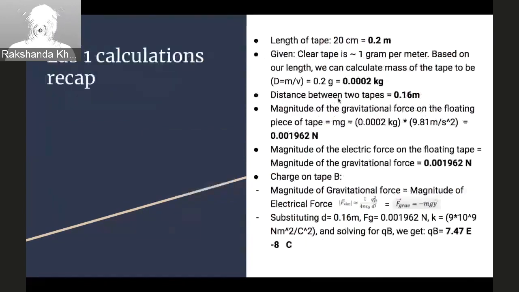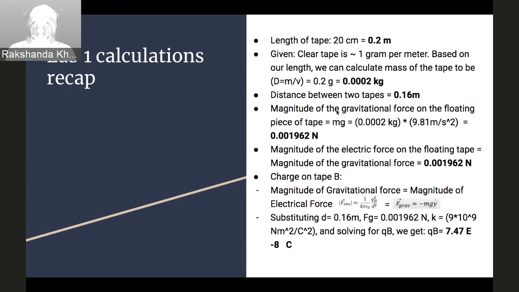So, a quick recap of the calculations I did in Lab 1. I'll go over this a little bit more quickly since I talked about it in more detail in Lab 1. I mentioned before the length of our tape, and then we were given the density, so based off of our density and the length of the tape, we can calculate the mass. And the distance between the two tapes when one of the tapes began to float above the other is here.